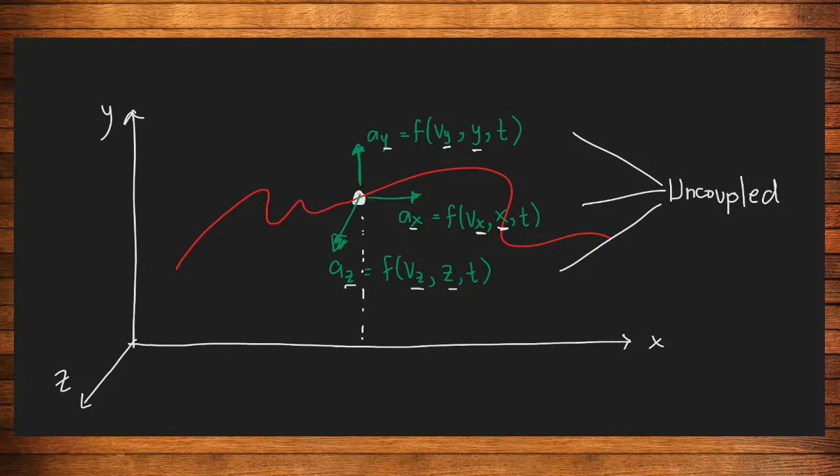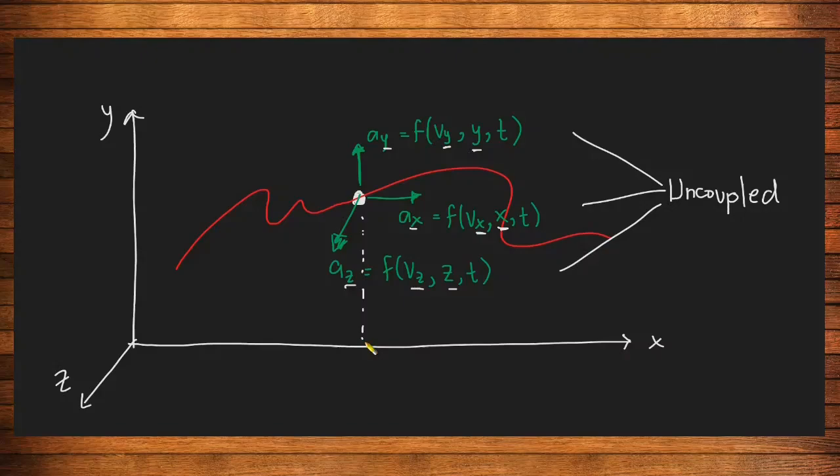Ibig sabihin nun, we can view the motions in the x, y, and z directions as independent rectilinear motions that can be analyzed separately with the tools that we have discussed in our previous videos. So for this example, since our particle moves in a 3-dimensional space, yung motion niya can be analyzed by treating it as a superposition of 3 rectilinear motions.